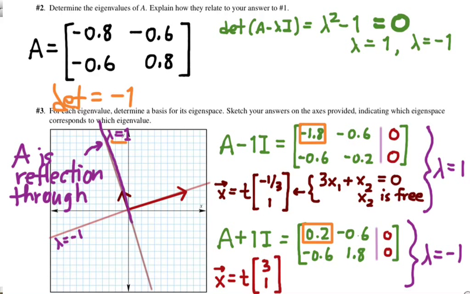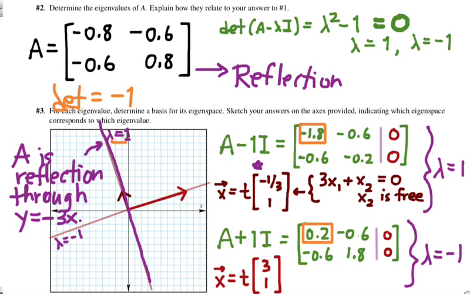Because it's the axis of symmetry, everything stays the same on that line. And it happens that because our line is spanned by this vector, we can say it has the equation y equals minus 3x, if you like. So this transformation is exactly reflection through the line y equals minus 3x.